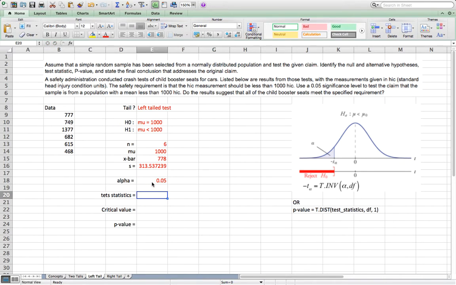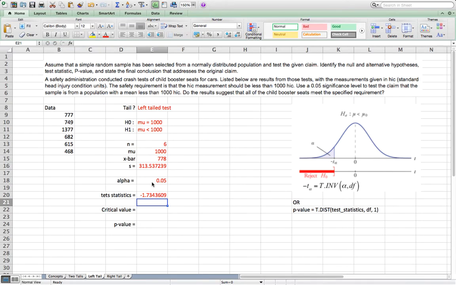And the test statistic again will equal your x bar, which is E15, minus mu, which is E14, divided by S, which is E16, divided by the square root of the sample size, which is in E13. Okay?